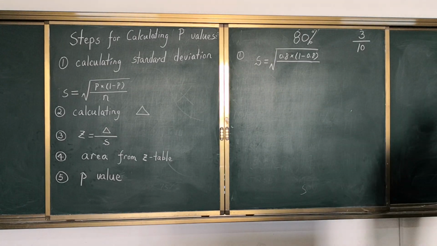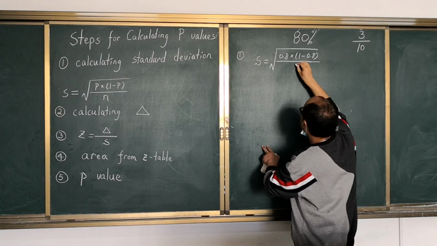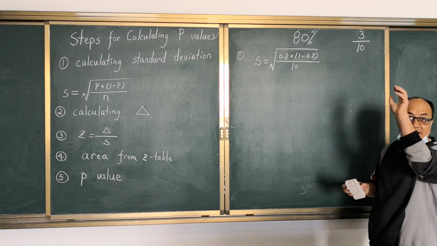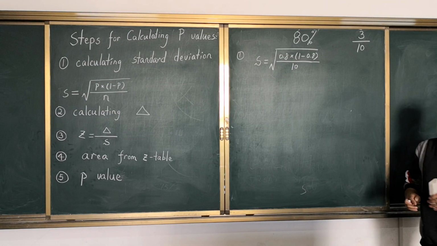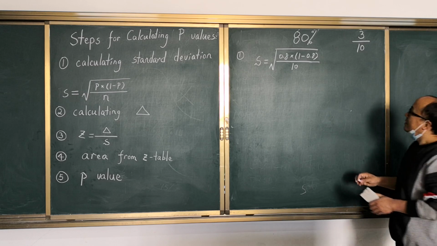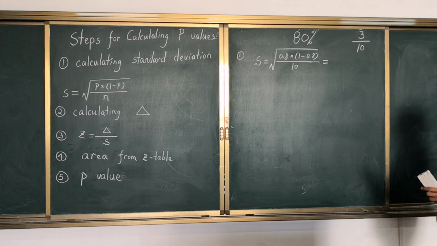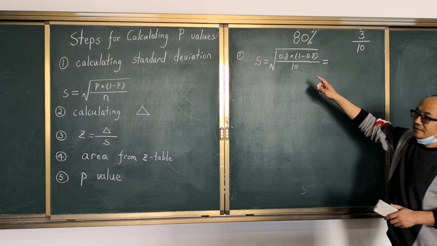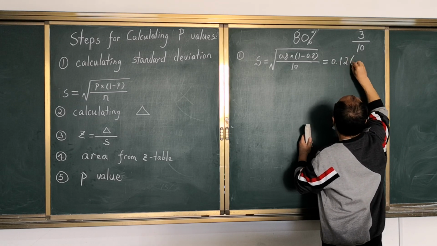I only heard three voices. Divided by what? 10. How many times did you see him doing that? 10 times. You saw him doing 10 times. Okay. Now, anybody calculate this for me? 0.126.